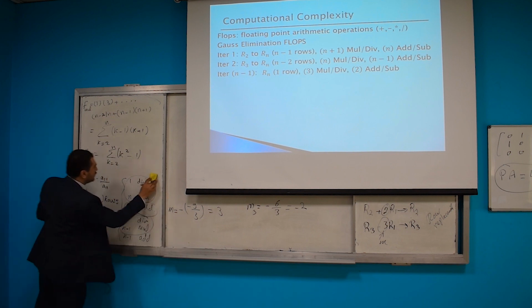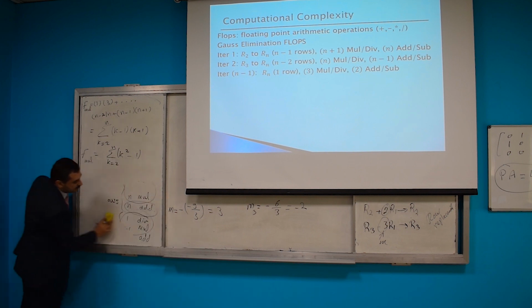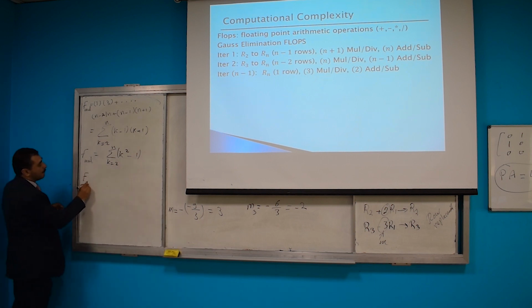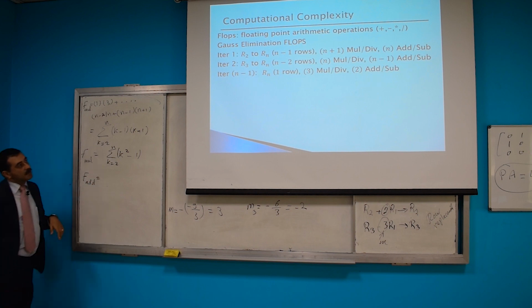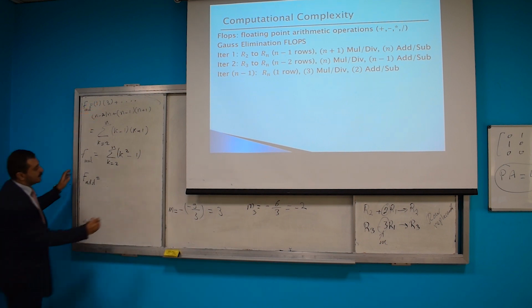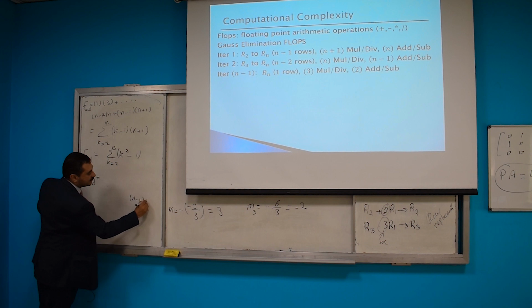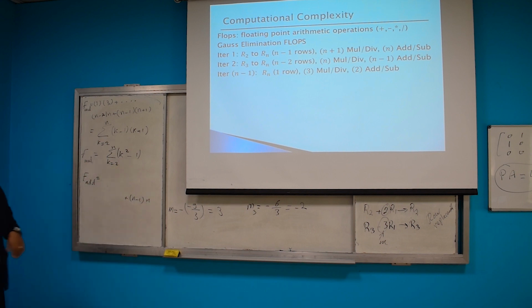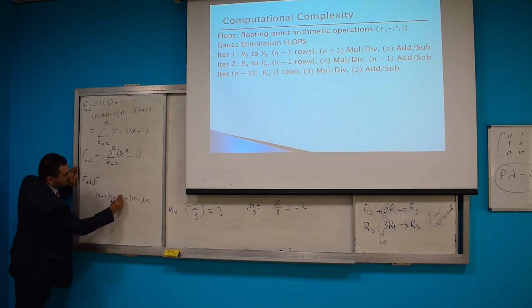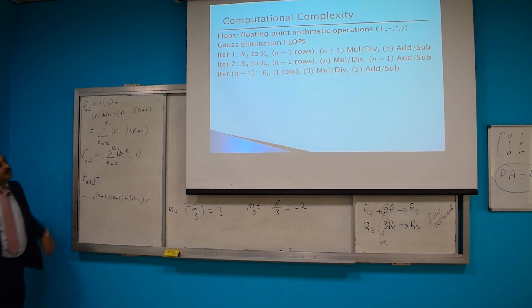Let's count the number of flops for addition and subtraction. The first term would be n minus 1 rows multiplied by n. N minus 1 by n. And for the second iteration, you have n minus 2 rows by n minus 1. And so on.